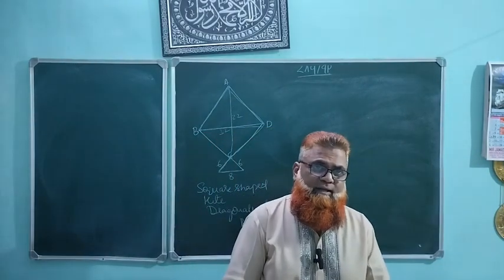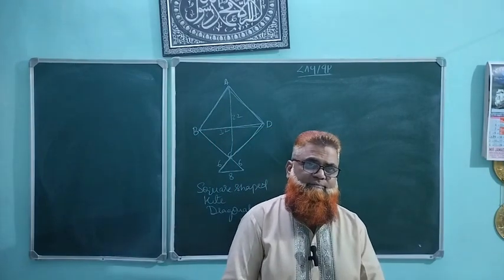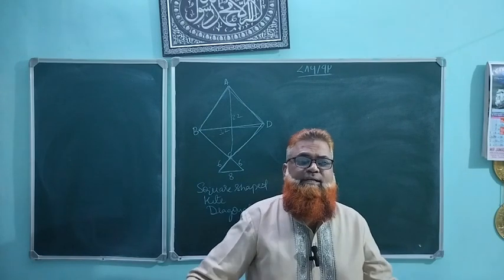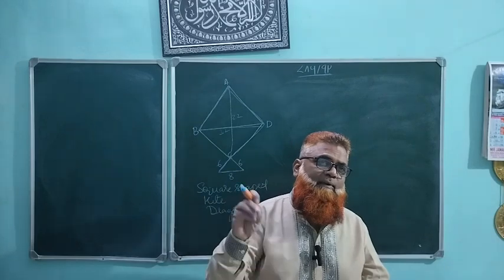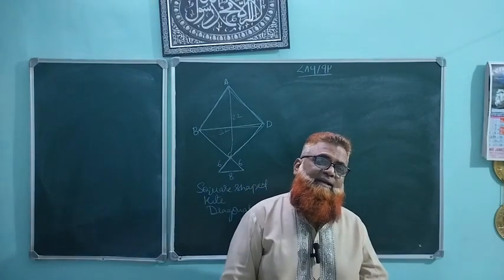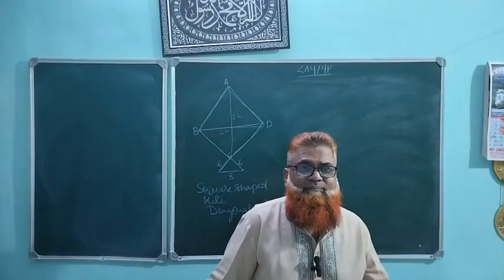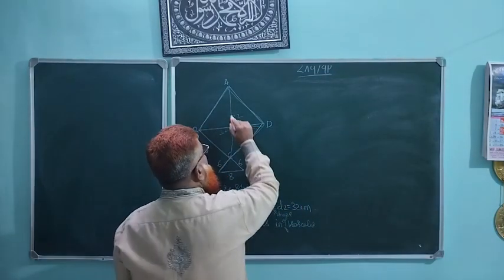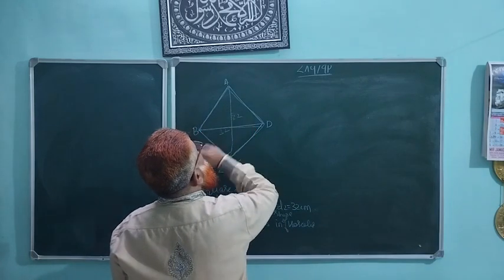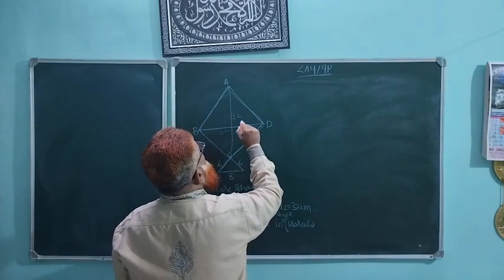First, how to find the area of the kite? Though it is actually based on Heron's formula, if we apply Heron's formula here it gives complexity. Why? Because the diagonal given is 32.